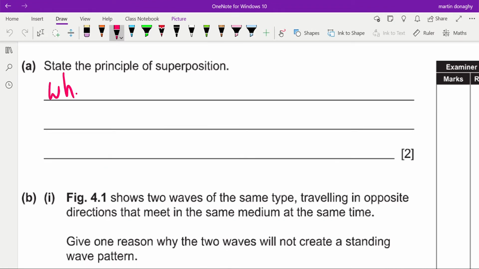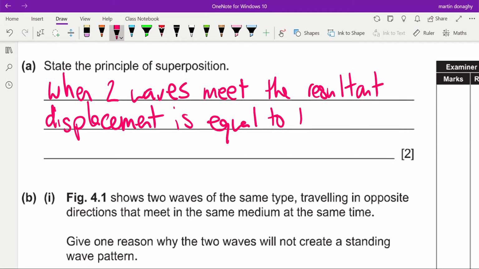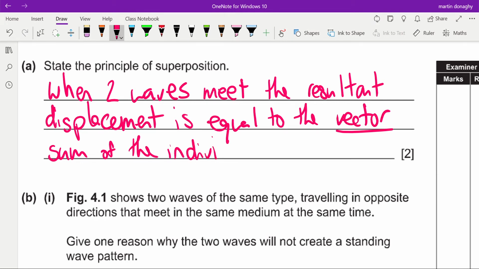When two or more waves meet, the resultant displacement is equal to the vector sum of the individual displacements. Okay, displacement is a vector.